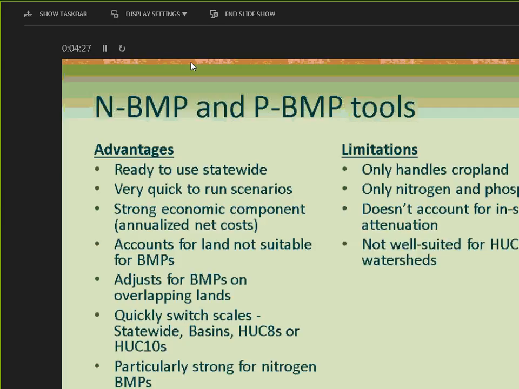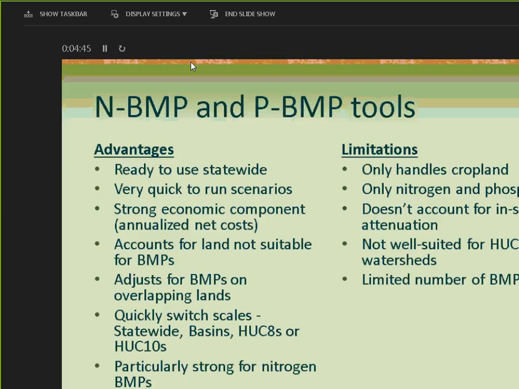It's not well suited for HUC 12 watersheds. That has to do with the talk by Bruce Wilson earlier on certainty: some of these things average out with larger watersheds. With the smaller watershed you get, the less certain you are about those specific BMPs and their effects at that local, small-scale level.